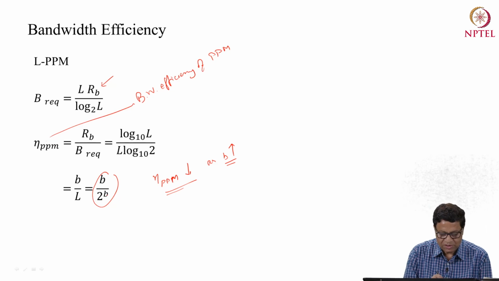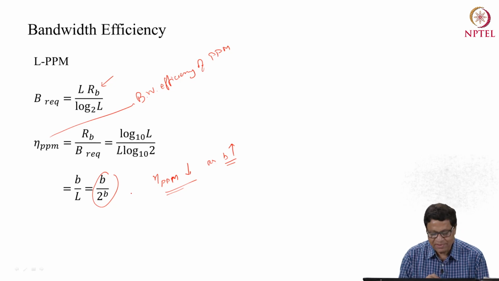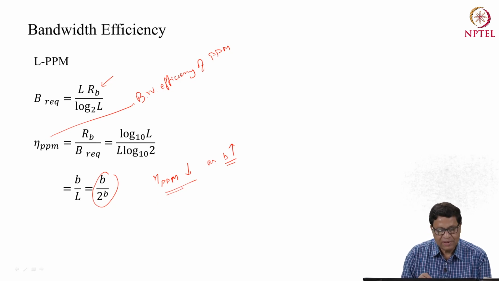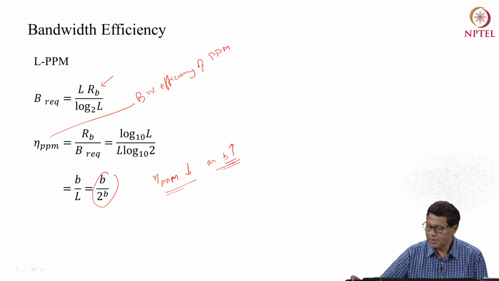Because this is 2 raised to power B, it increases at a much faster rate. So it reduces the bandwidth efficiency of the system. So in L-PPM, depending upon the number of bits or number of levels L, the bandwidth efficiency eta of PPM decreases as B increases.